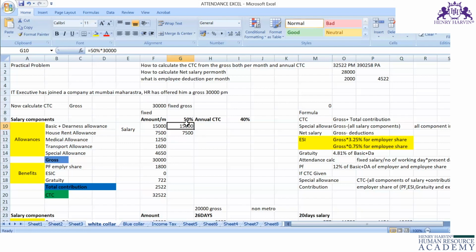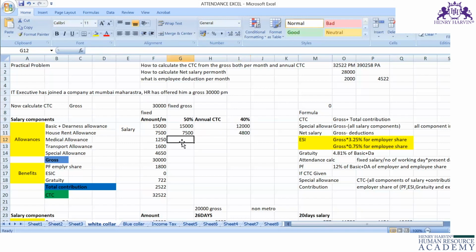That is if the employee is working in a metro city. If the employee is working in a non-metro city, then 40% of gross should be given as basic plus DA, and 40% of basic plus DA should be given as HRA.